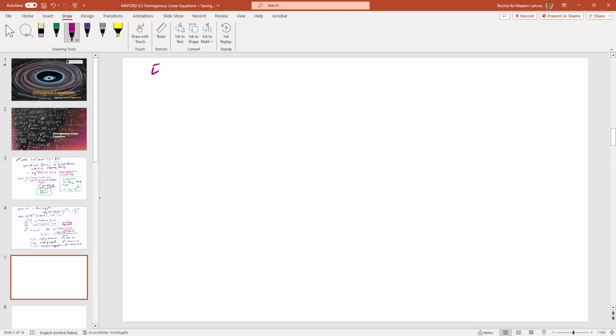Find a pair of solutions to this second order linear equation. All right. So let's propose that the solution must be e^(rt).